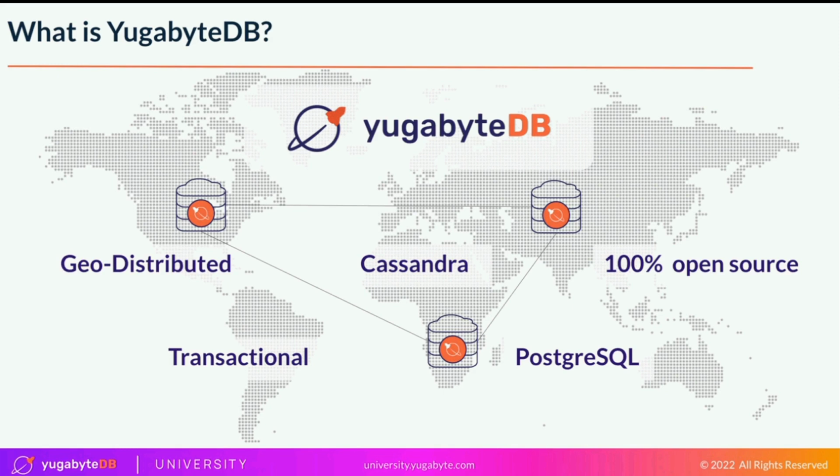YugabyteDB is compatible with both PostgreSQL as well as the Cassandra APIs. So today, of course, we're going to talk a lot more about the Cassandra compatibility. We do have a course on Postgres. If you're interested, please go ahead and take a look at the university for that one. We actually have that course a little bit later today at DSS as well.